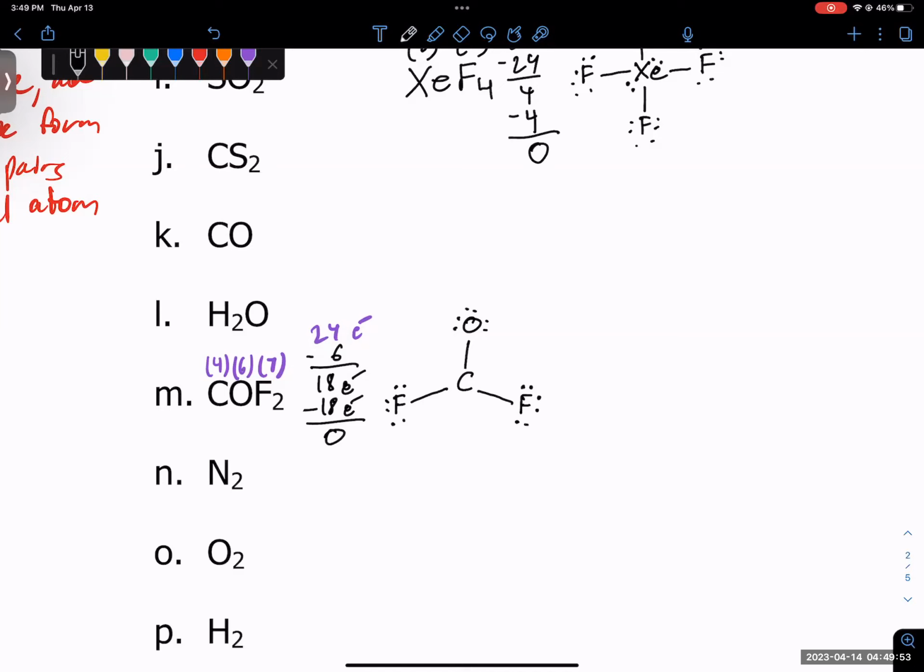So we're going to add a lone pair, 2 electrons, to make sure carbon has a full octet. That means we need 2 more electrons, so 0 minus 2 is -2. So we're deficient 2 electrons.